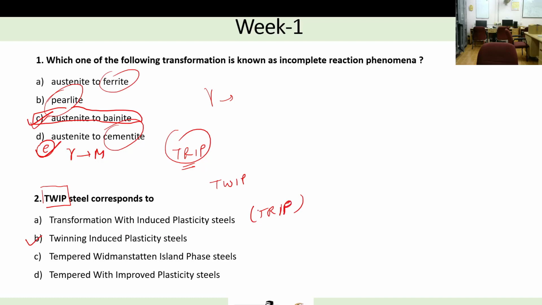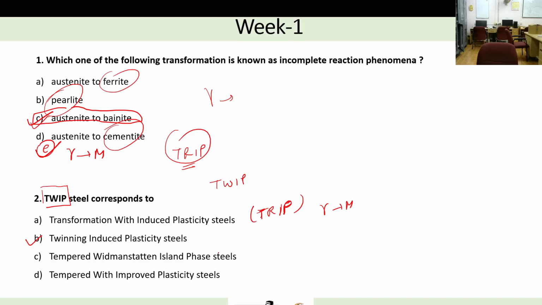If you want transformation, then you have to do plastic deformation. That plastic deformation will cause your austenite to martensite transformation. But here in the TWIP, the full form is twinning induced plasticity steel. So this is the correct answer.